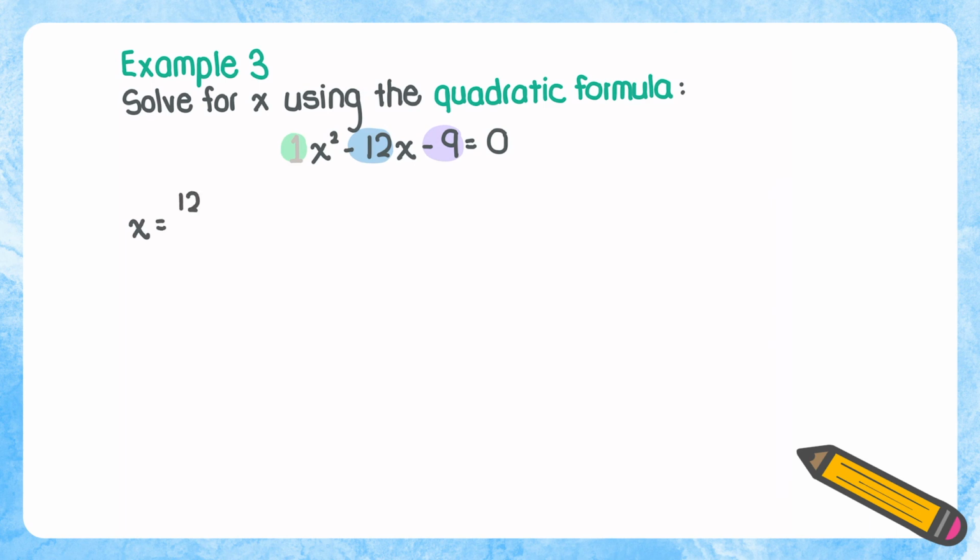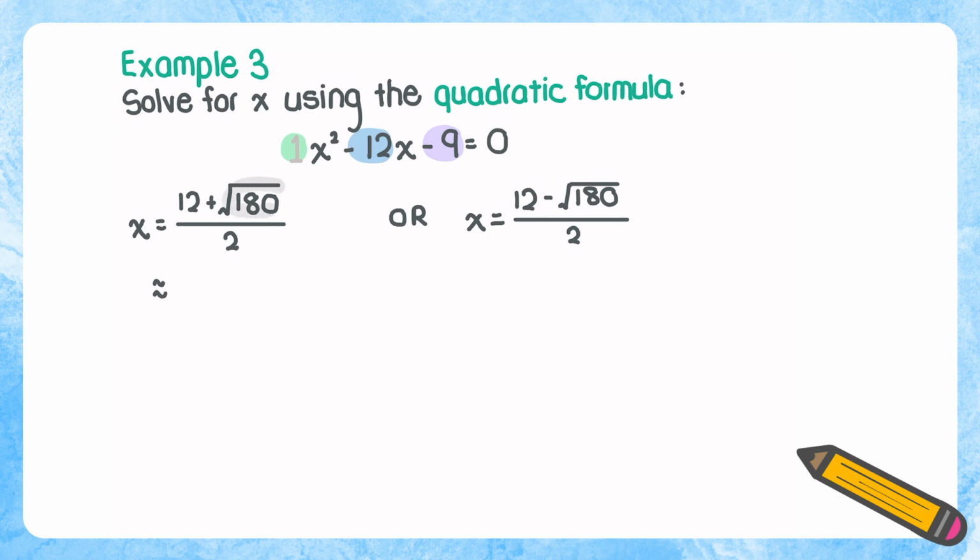X equals 12 plus the square root of 180 over 2, or x equals 12 minus the square root of 180 over 2. So here again, the square root of 180 isn't going to be an exact number, so we're going to round.